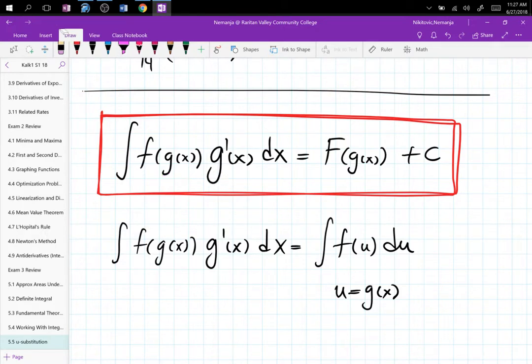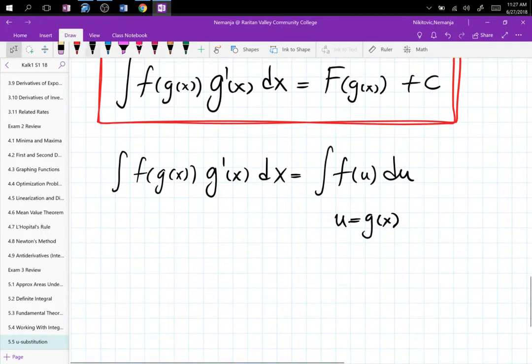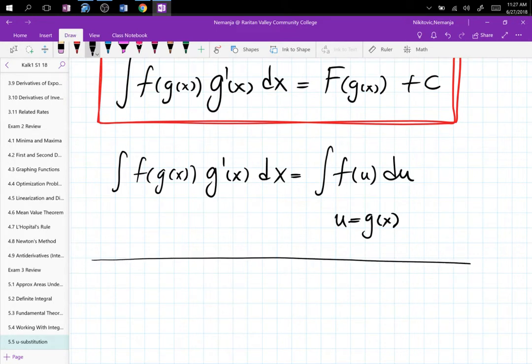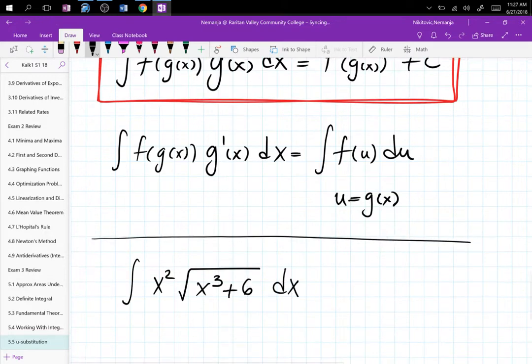So I have, for instance, a problem like this: the integral of x squared times the square root of x cubed plus 6 dx, right?